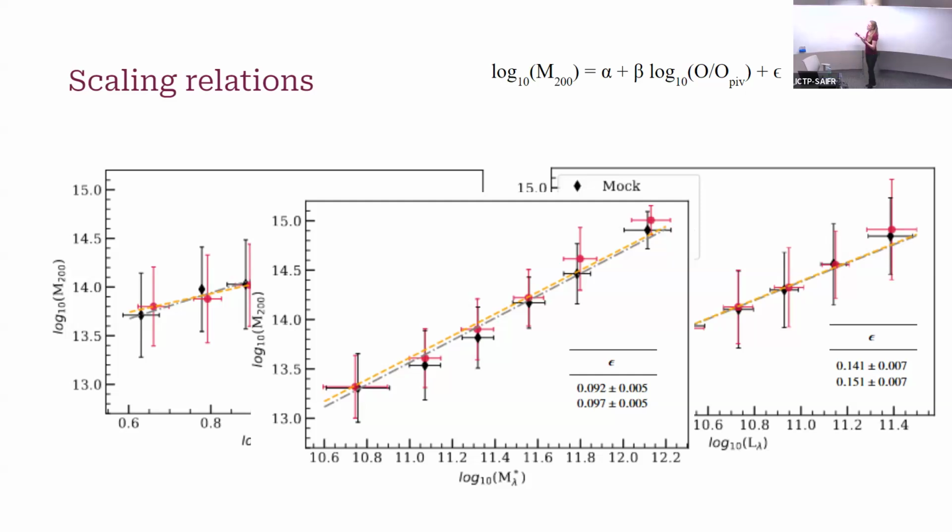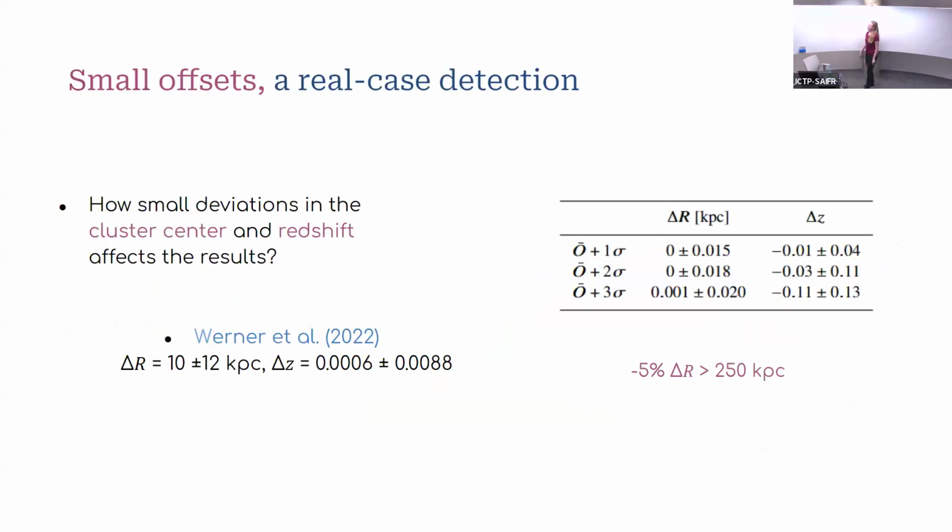But this is a great result. But again, how would this be affected when we calculate this richness using a detection code? It will not be the same as the one given by the simulation. So how will these small offsets in the center and in the redshift affect our richness results?